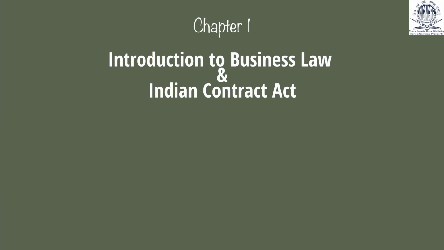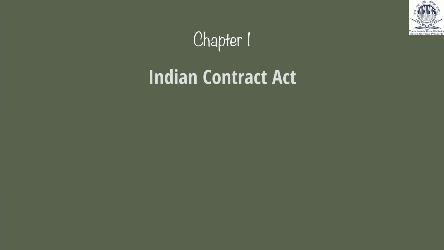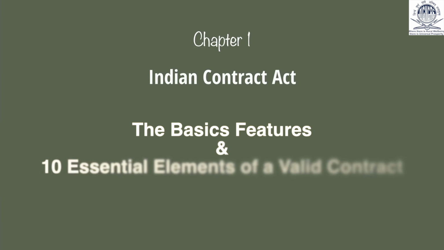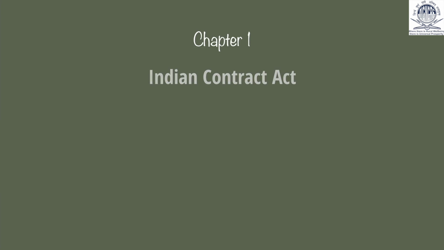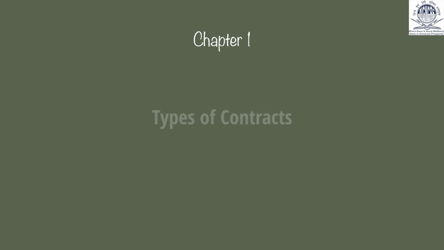This was the second module, that is, the Indian Contract Act, the basic features and 10 essential elements for a valid contract. And the fourth topic will be the types of contracts. That 4 broad categories are there and with its subdivisions. This I will be covering as a next module in the next video lesson.